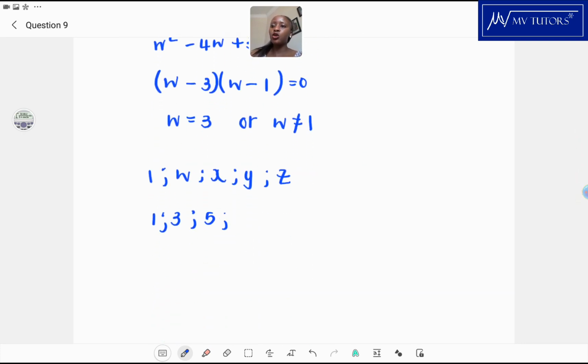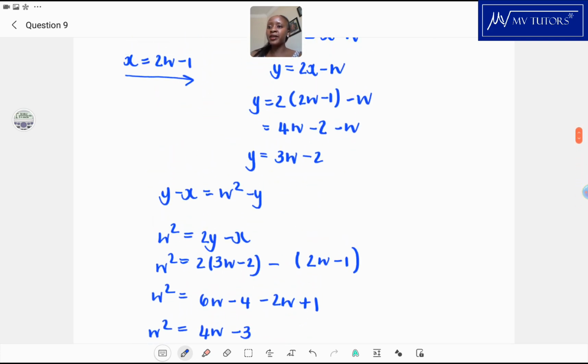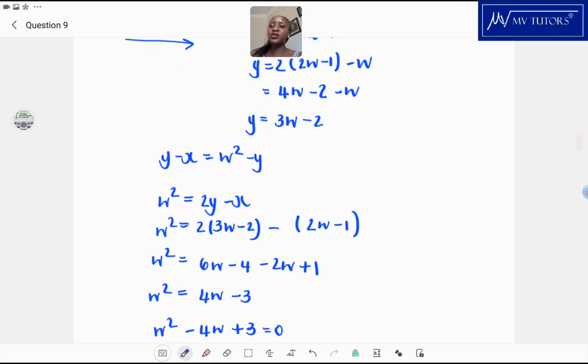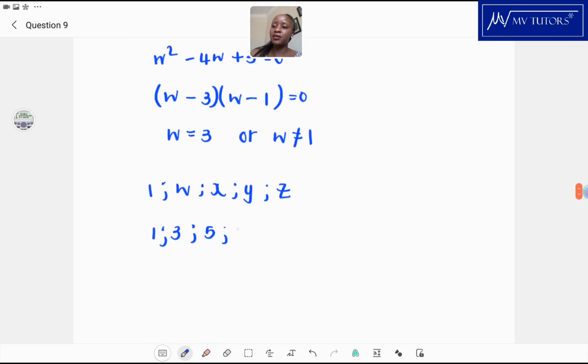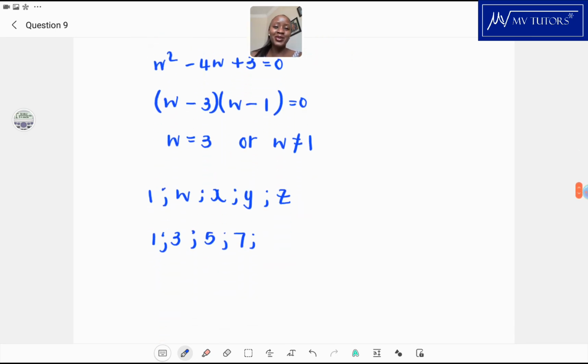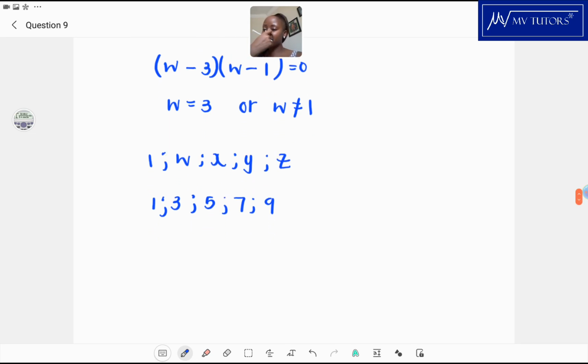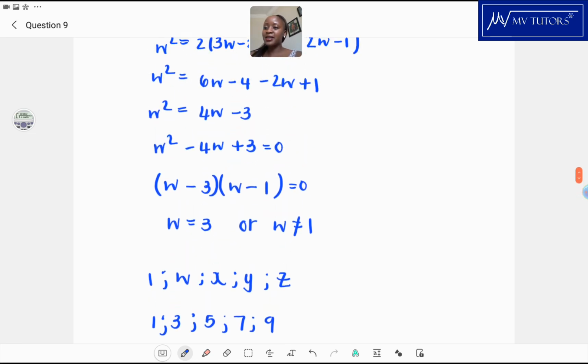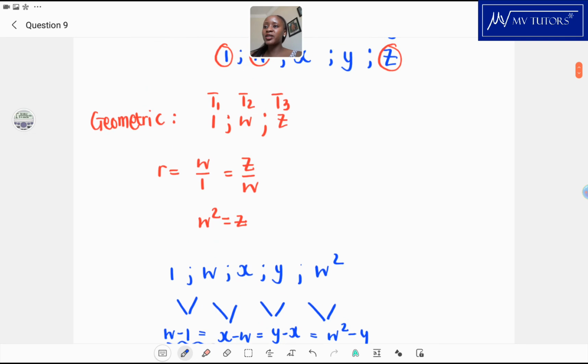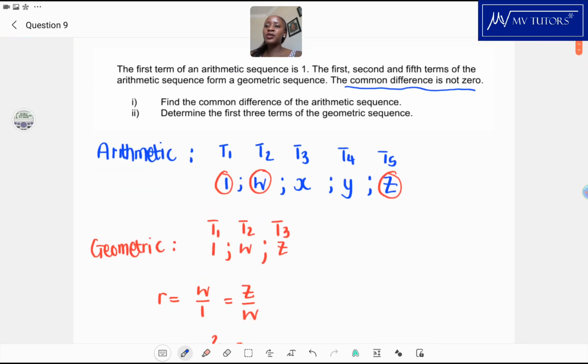Okay, y, I believe we had it in terms of w, there it is. So 3 times 3, that is 9, minus 2, that is 7. Okay, and then z, it was w squared, so that is 9, 3 squared. So there we have our arithmetic sequence. And the question again, find the common difference.